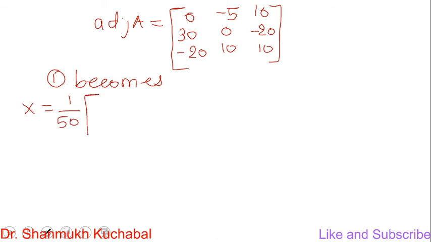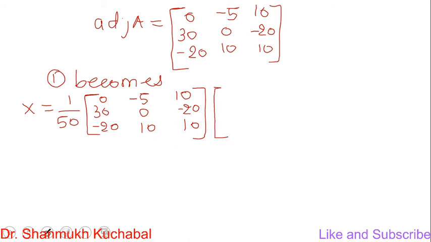Then the adjoint of A we have to write: 0, minus 5, 10, 30, 0, minus 20, minus 20, 10 and 10 here, and we have to write the matrix B. Matrix B we know, so we get 60, 90 and 70 here. So further it is 1 upon 50, as it is.